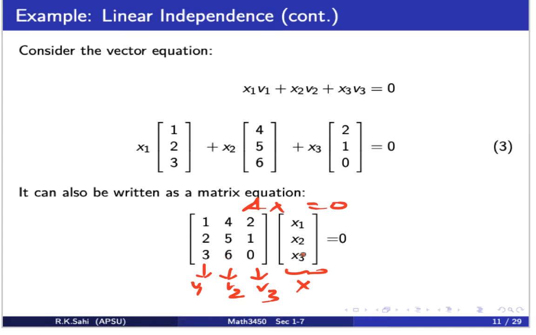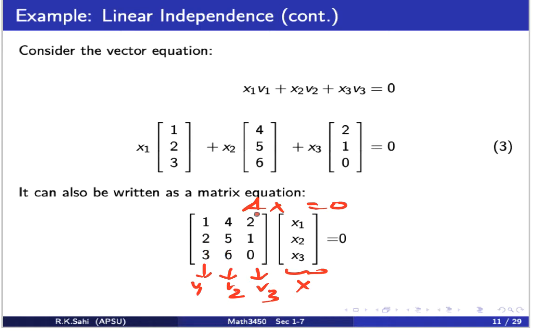On the other hand, if not every column is a pivot column, that means there is a presence of free variables, then this homogeneous linear system given by this matrix equation will have a non-trivial solution. So when you have a non-trivial solution, that means you have linear dependence among the vectors v1, v2, v3.